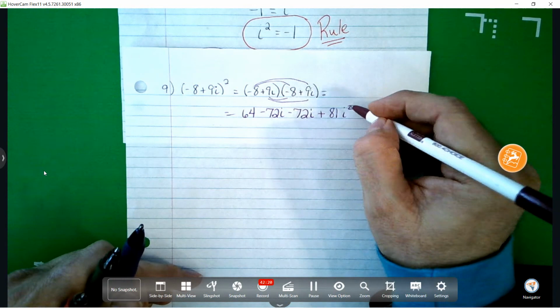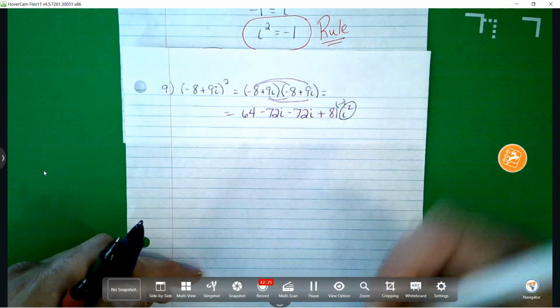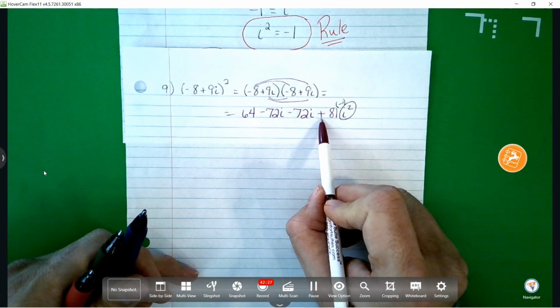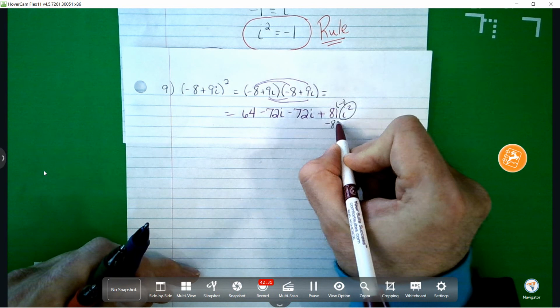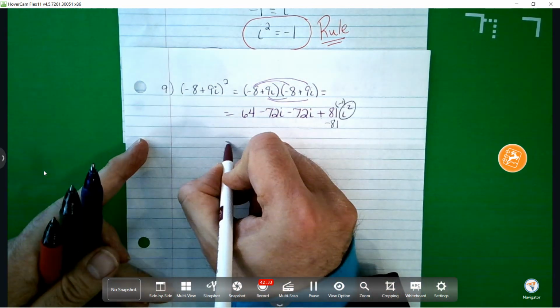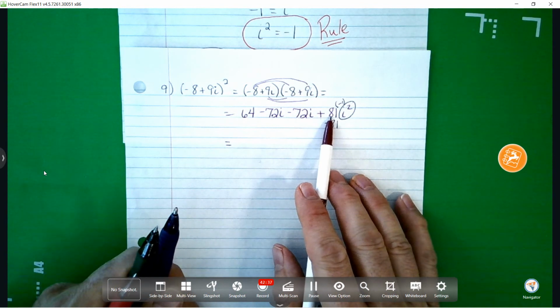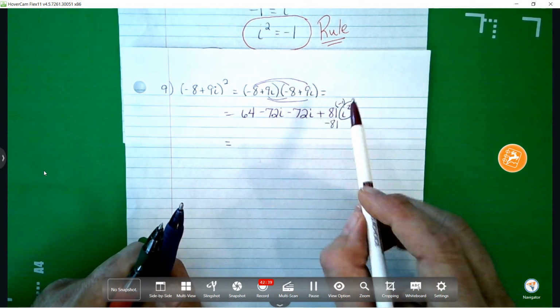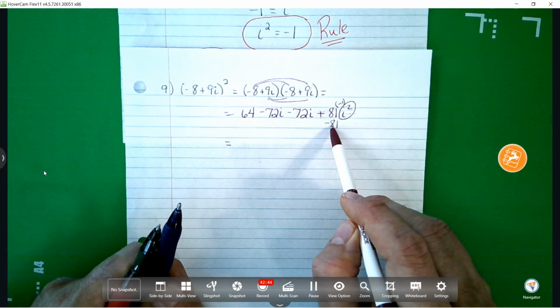Replace the i squared with negative 1, which is just going to change this plus here to a minus. To speed things along, I won't bother rewriting it. All I've done is change this plus 81i squared. All of that's gone. It's just a minus 81 now.